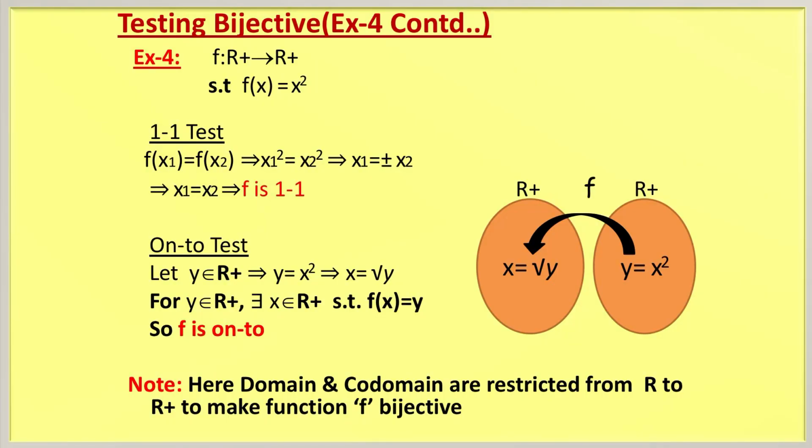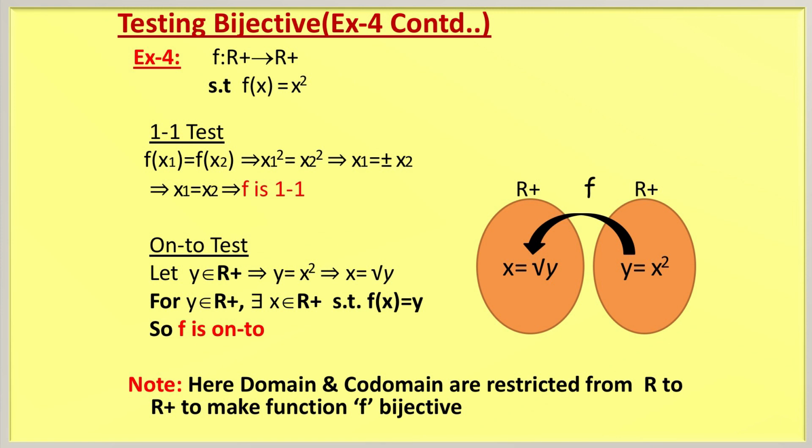Next is the onto test. So, function is onto test means we have to choose any element from set Y. If a function from X to Y is onto, that means we have to choose any element from Y and find an element in X such that f(x) is equal to y, or in other words, as we have already discussed, any element of the codomain should have a pre-image in the domain.